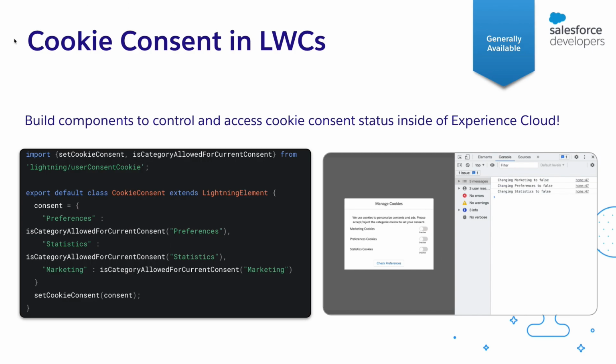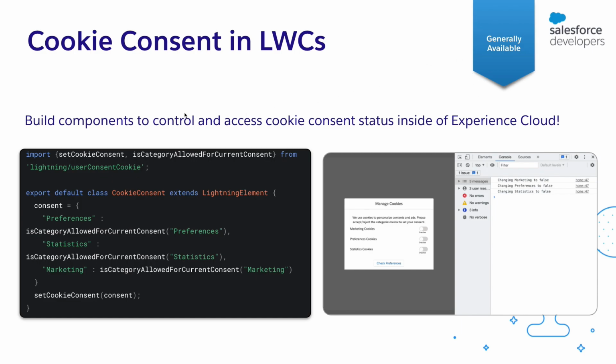I'm going to start from features that are generally available. I have the status for all the features here. And then I'm going to talk about beta features and then about pilot features. So it's not in the order of most interesting features for me, but in the order of what's GA, what you can use as of today, and what you need to enroll in a beta or in a pilot.